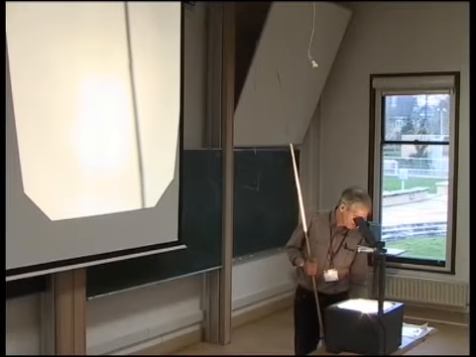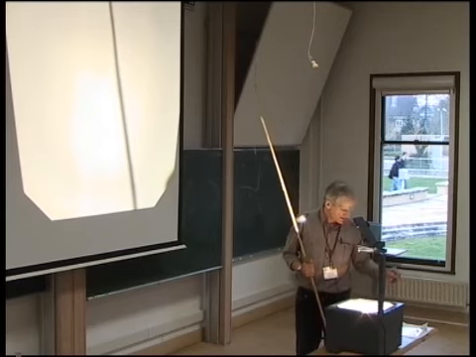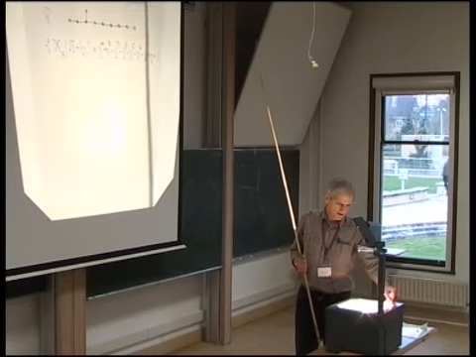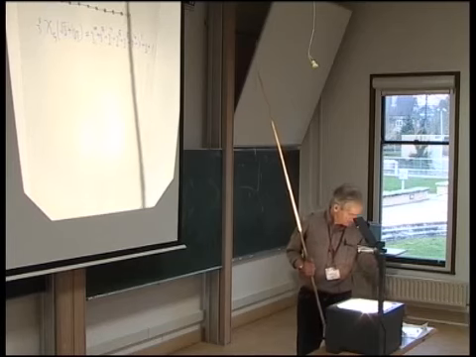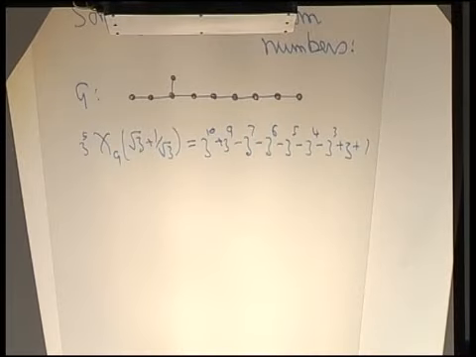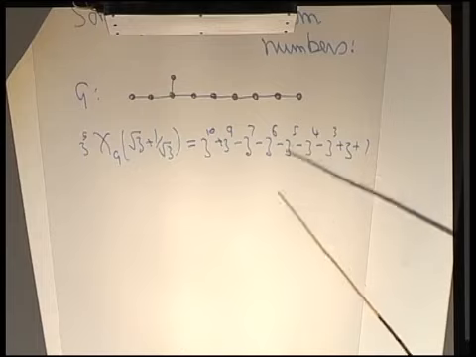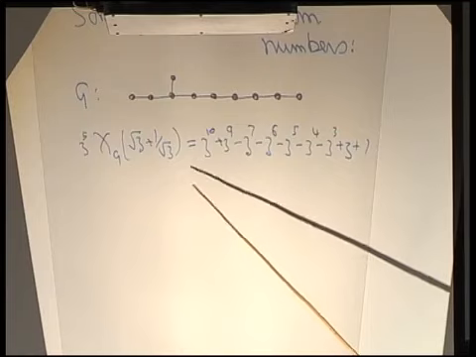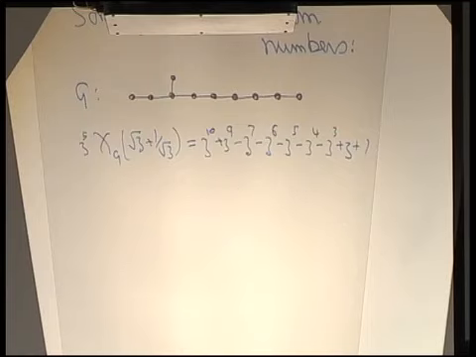So, for example, this 10 vertex graph gives us a Salem number if you make the appropriate substitution in the characteristic polynomial.